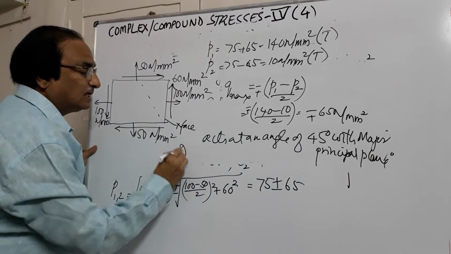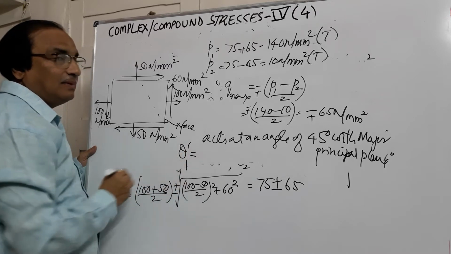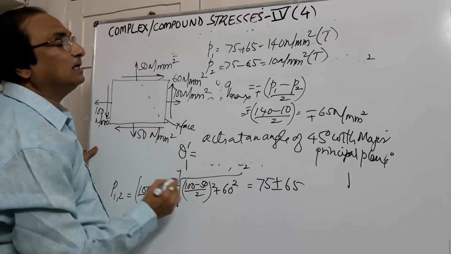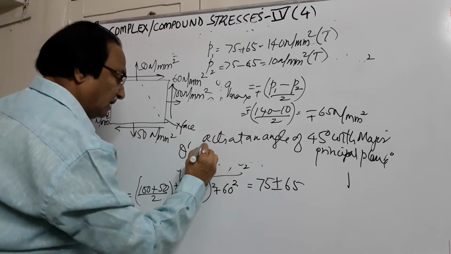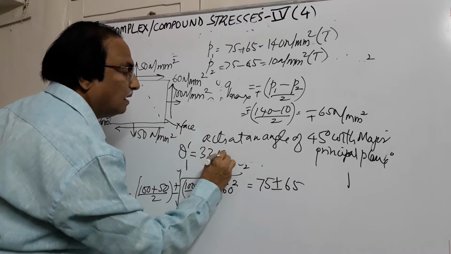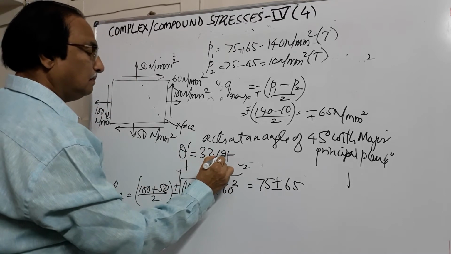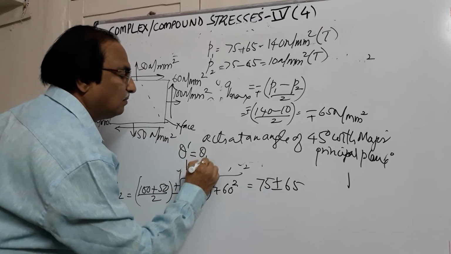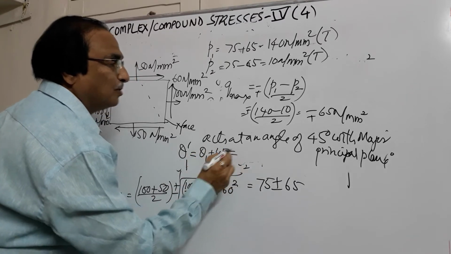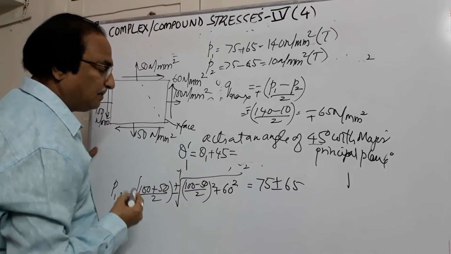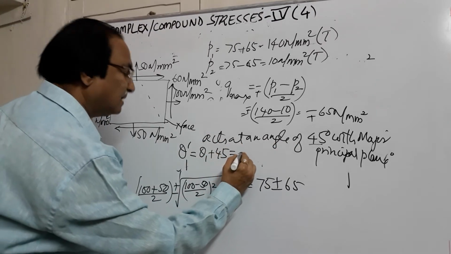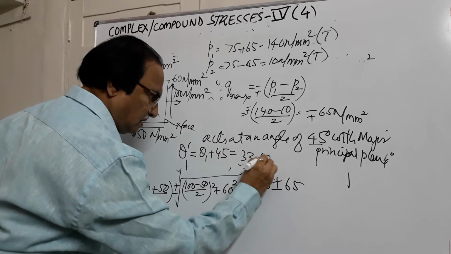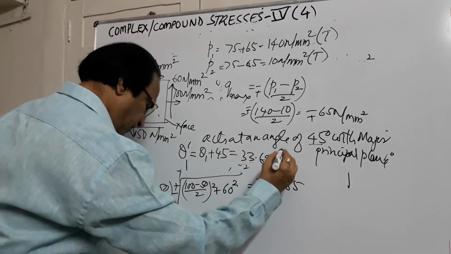That means if theta 1 dash is the angle made by the maximum shear stress plane, it will be equal to theta 1, which is 33.69, plus 45, because 45 is the angle that it makes with the major principal stress plane, and the major principal stress is making an angle of 33.69.